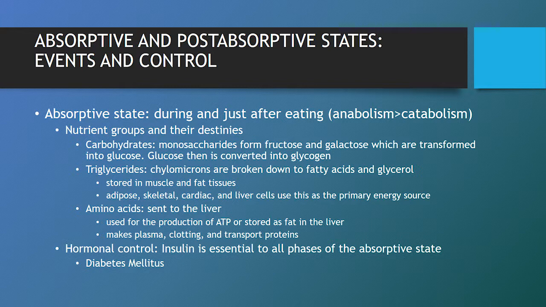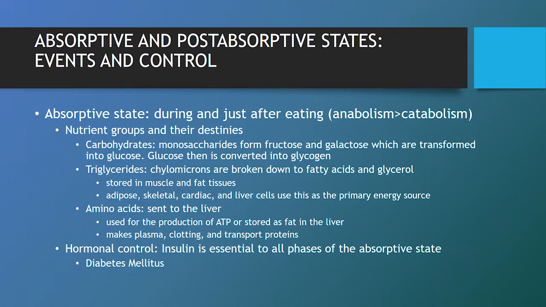Then there are triglycerides, which are in chylomicrons, broken down to fatty acids and glycerol, which are stored in muscle and fat tissues. Adipose, skeletal, cardiac, and liver cells all use this as a primary energy source.